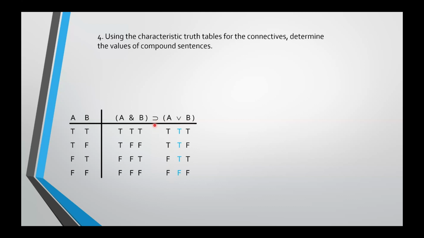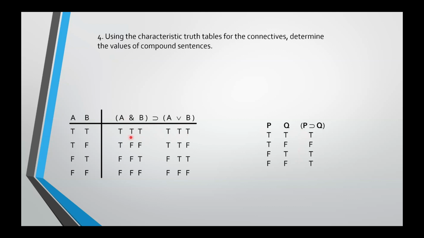Here, the main connectives of the immediate components that pertain to this are here and here. So we're looking at these two columns. And of course, they're not arranged in exactly the way that the characteristic truth table is going to be arranged. So we're going to have to look at the characteristic truth table for the horseshoe and look at what values it's going to have for each of these combinations.